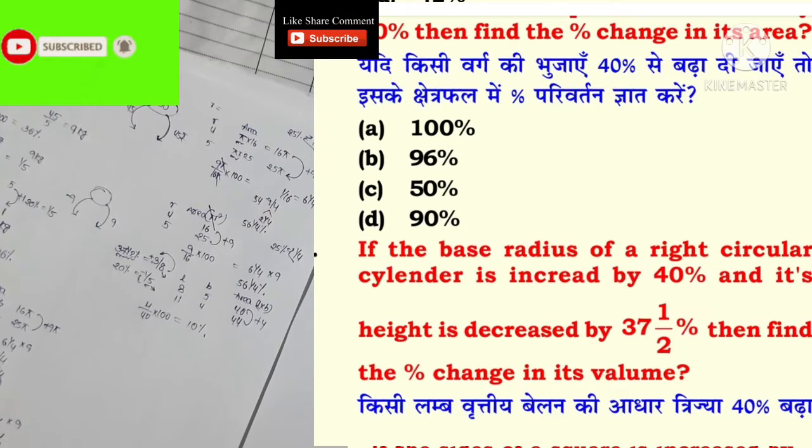So the base radius of a right circular cylinder is increased by 40% and its height is decreased by 37.5%. Then find the percentage change in its volume.